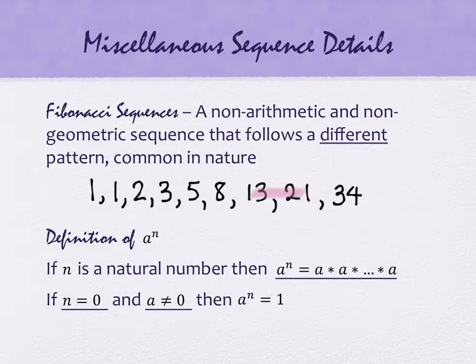All right. This feels like such a funny place to put this in, but we're going to need it in a minute. So that's why it's here. It's the definition of exponents. If n is a natural number, if you have a to the n, which is a multiplied together n times, if n is 0, as long as the base isn't 0, then a to the n is 1.